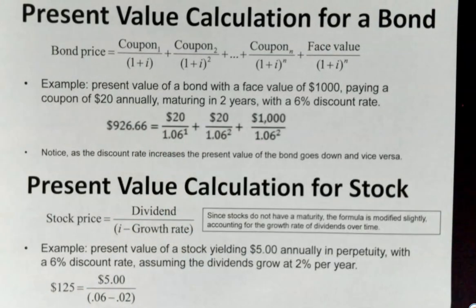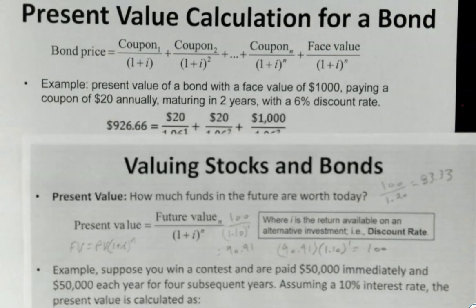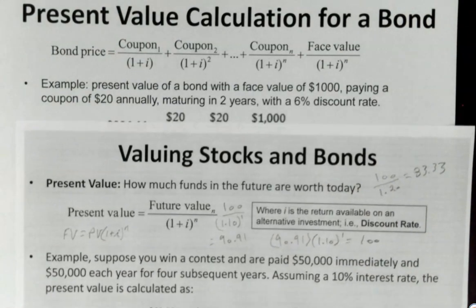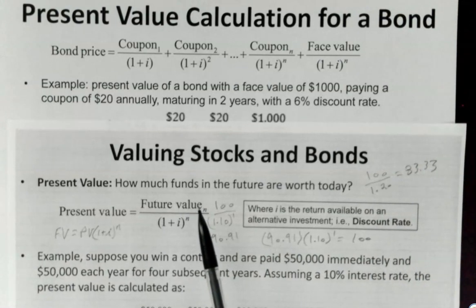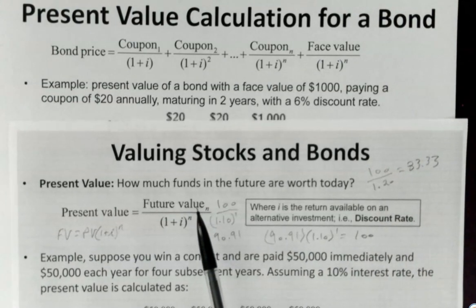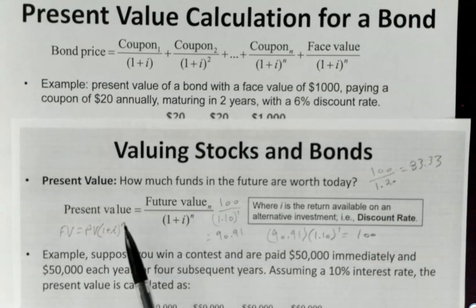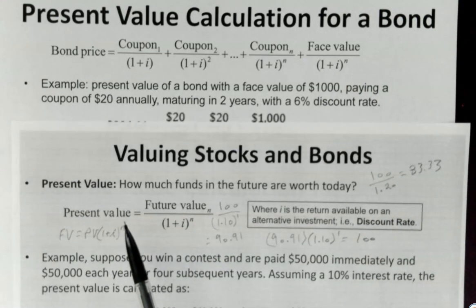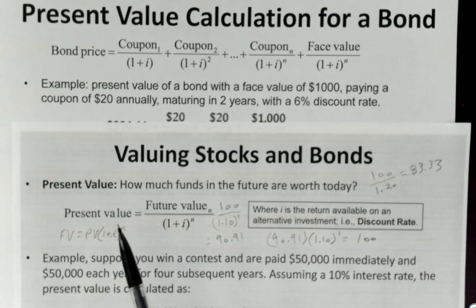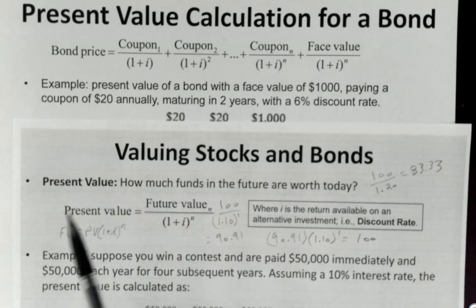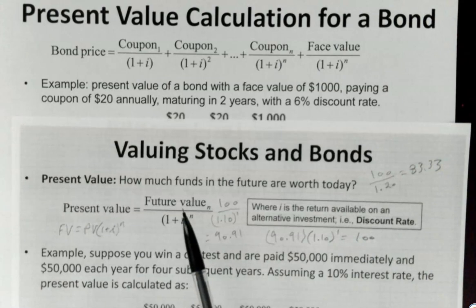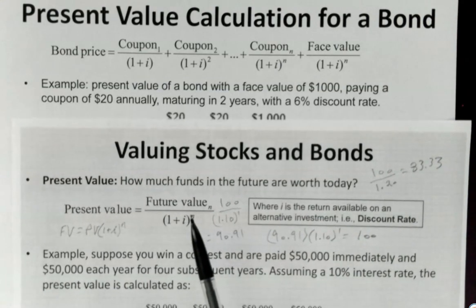Notice this is the same formula as we have here. It's identical. It's just instead of future value, we put coupon because the future value of the bond is the coupon payment. And instead of present value, we put the bond price because that's what someone would be willing to pay. You're only going to be willing to pay the present value of the bond, the future flow of income.